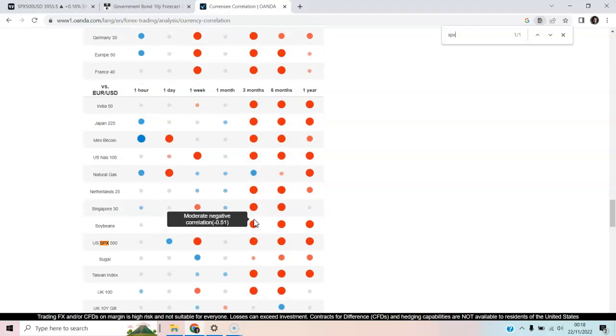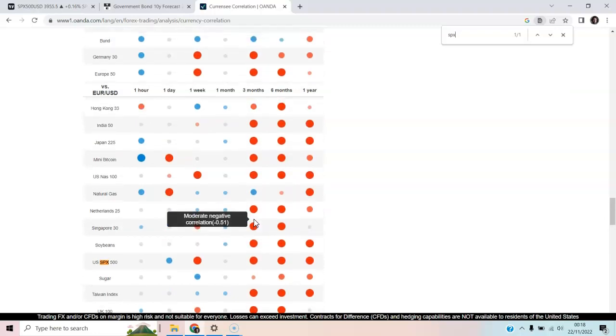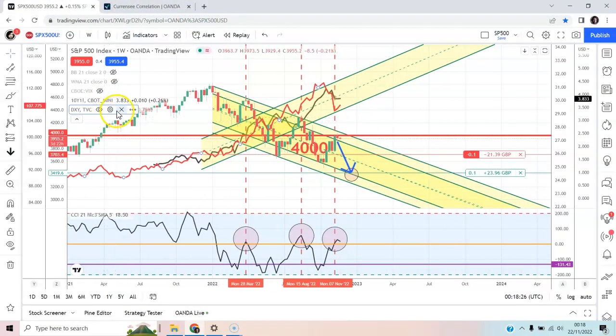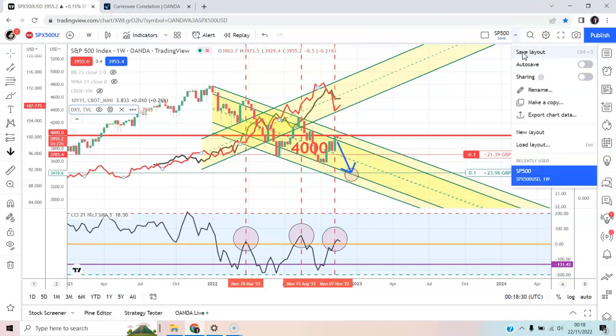Anyway, this is quite handy to see the correlation between asset classes and instruments, and I thought I'd show you that quickly. But going back to the euro, I've mentioned it before a few times how the euro is sometimes surprisingly similar to, I'm going to save this, it's quite a handy one to have.